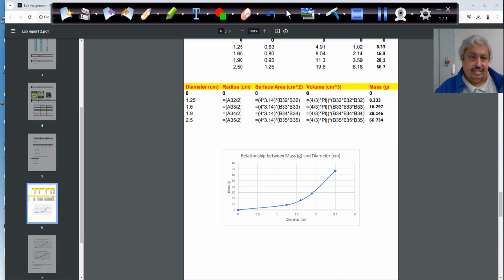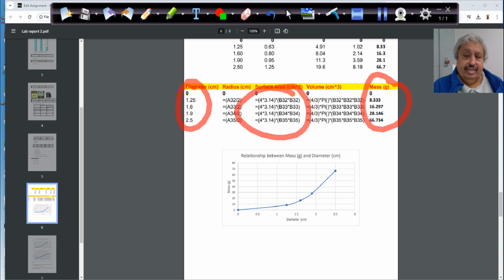You can practice whatever they tell you. Take the volume, take the surface area. You can plot anything you want. Diameter against mass, mass against surface area, to see the relationship. Now if you look at this, here it is.